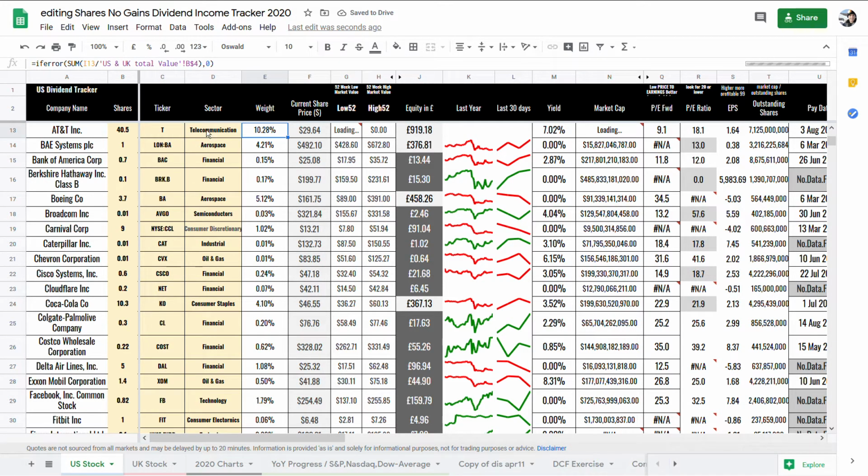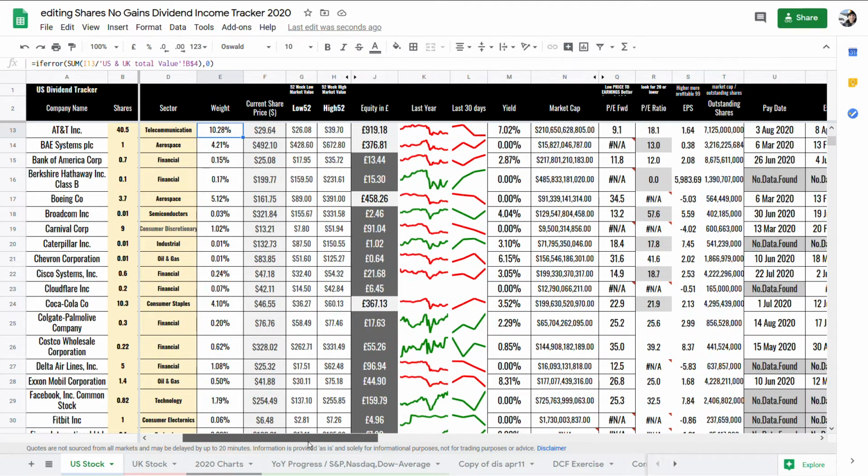So all of this is pretty useful. I know how diversified I am because it tells me the weight in my portfolio. I can see the current share price and how that compares to the lowest in the last 52 weeks and the highest. You can see it's not really far off. Column G, it's not very far off the lowest price it has been.